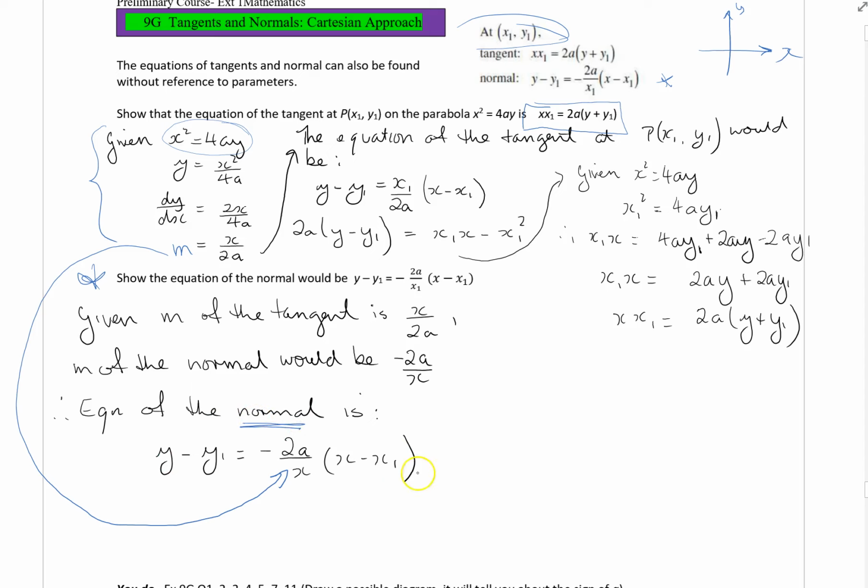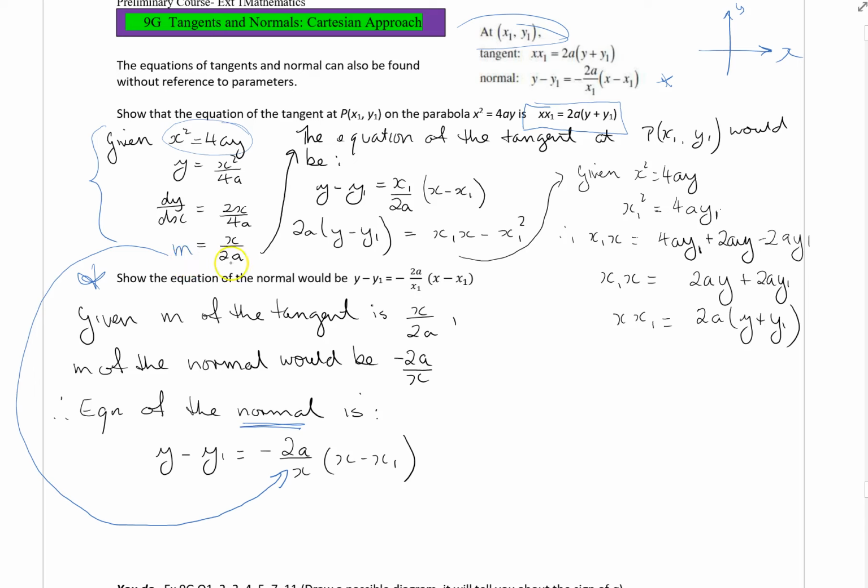So this one is really easy, and we do nothing more to it than sub into the formula y minus y1 equals m times x minus x1. Now, let's backtrack to the tangent, which is not quite that simple, but requires just one more step.